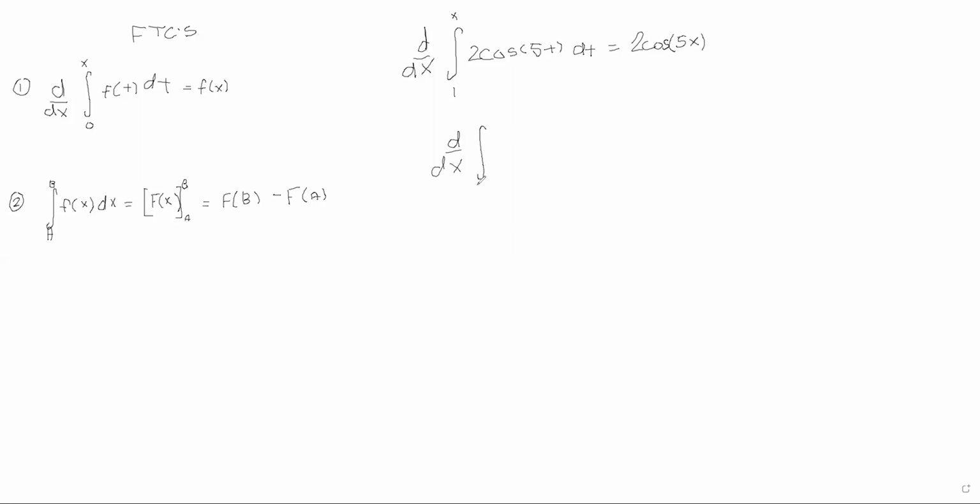Let's make this the integral going from, I don't know, 3. And then let's make the upper one a little bit different. Let's make it square root of x. And then let's say we have the natural log of 3 plus u, du.